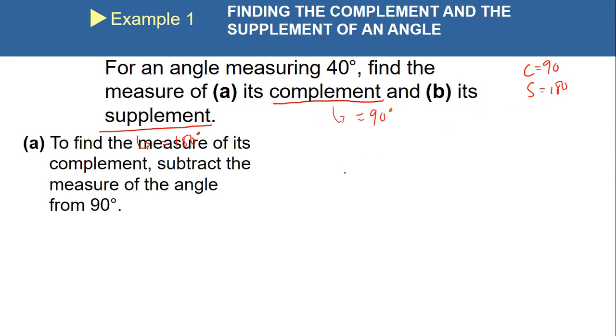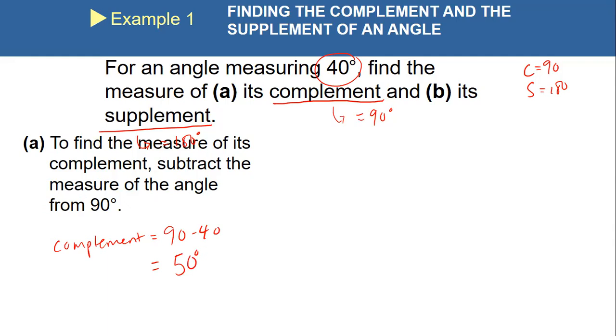Okay, so if I have the measure of 40 degrees and I want to find its complement, what am I going to do? Subtract it. So its complement equals 90 minus 40. So my complement is 50 degrees. Make sense?